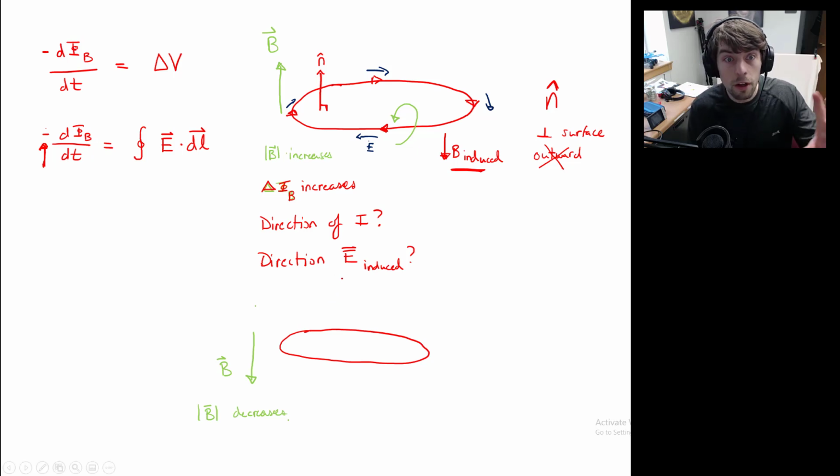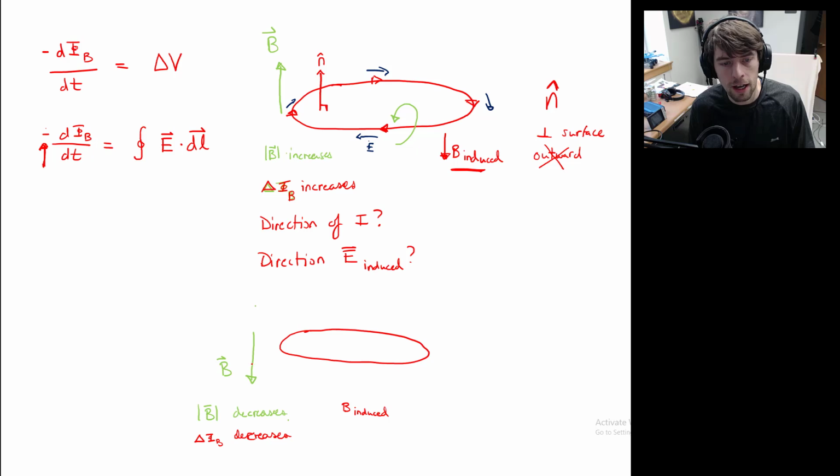Good. Well, if the external magnetic field is decreasing, that means that the flux of that magnetic field also decreases. I don't know why I'm spelling this. I should just use arrows. Okay. So if the flux is decreasing, that means that the induced magnetic field wants to be pointing in a direction to oppose the decrease.